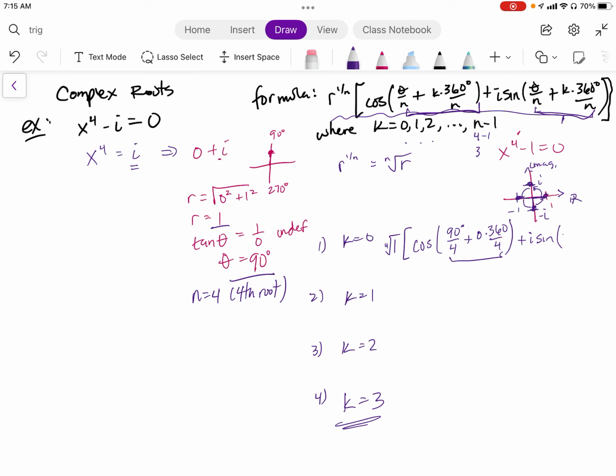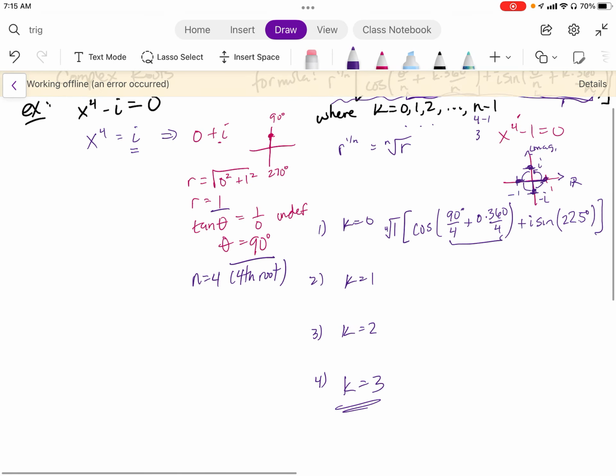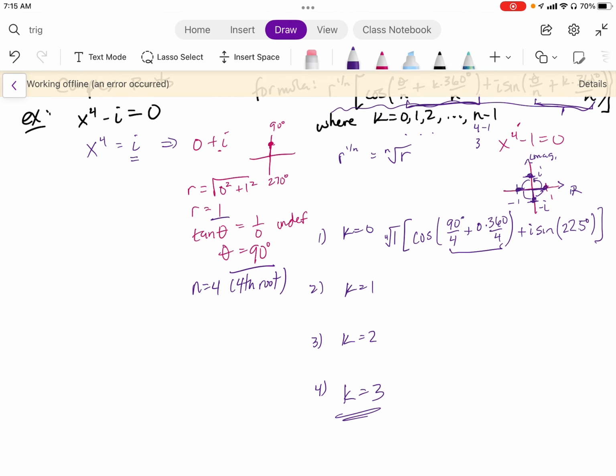Yeah, 22.5 degrees, and then plus 0. Okay. Well, if we can evaluate this, which again, cosine is also 22.5, so we have 1 cosine 22.5 degrees plus i sine 22.5 degrees.